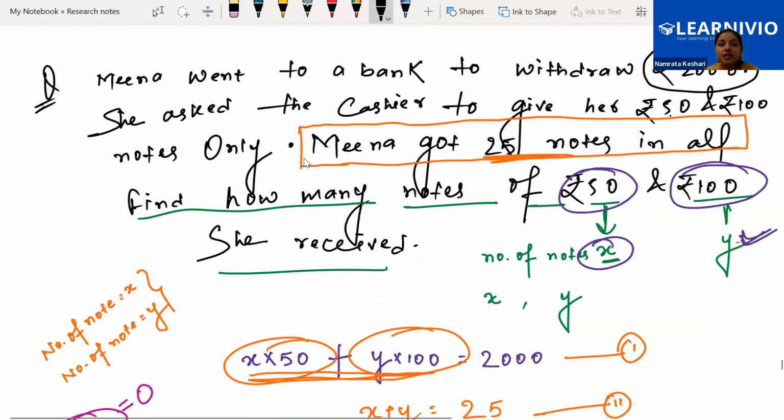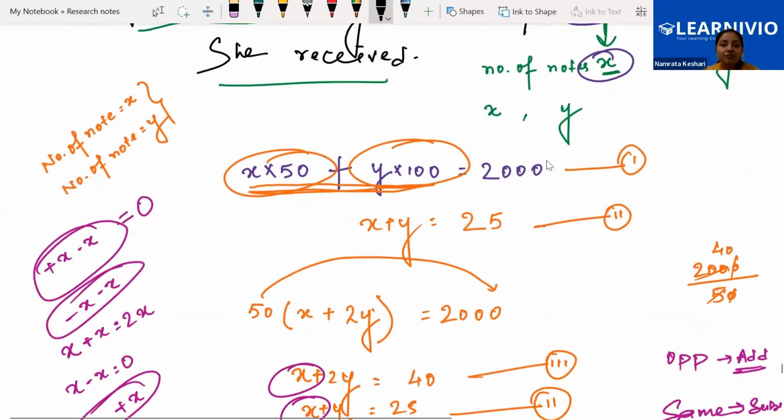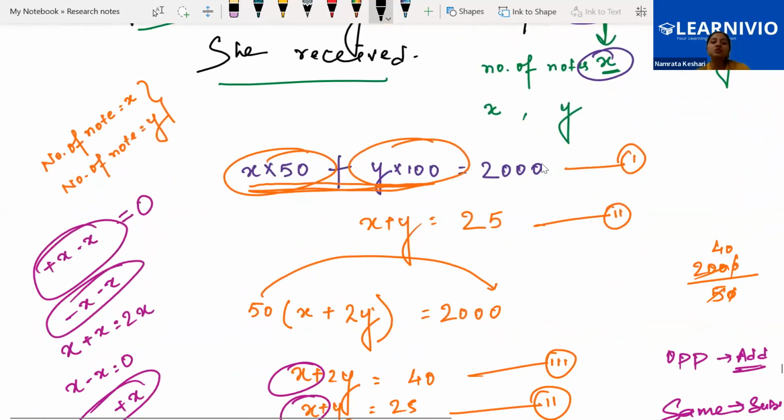Now we are reading the statement again and again carefully to get equation number 2. I have just kept it in a rectangular box. Here it is written that Meena got 25 notes in all. So in all she has 25 notes. How many notes? 25 notes she has. So x number of notes we have taken for one case, y for another case, that is x plus y is equal to 25.